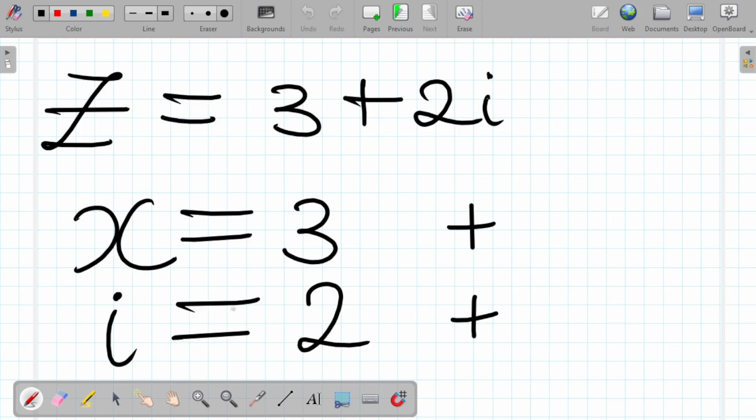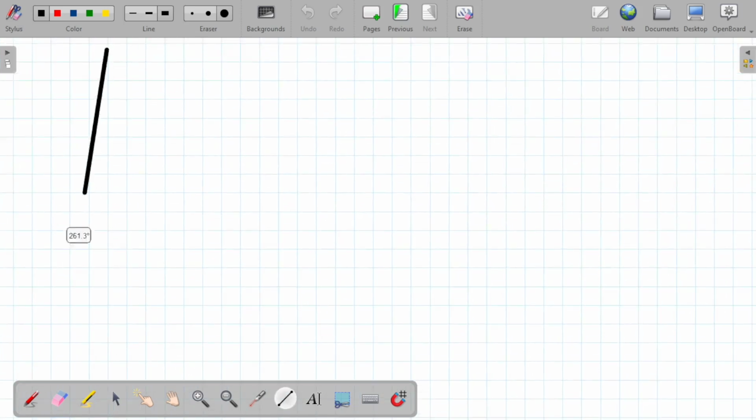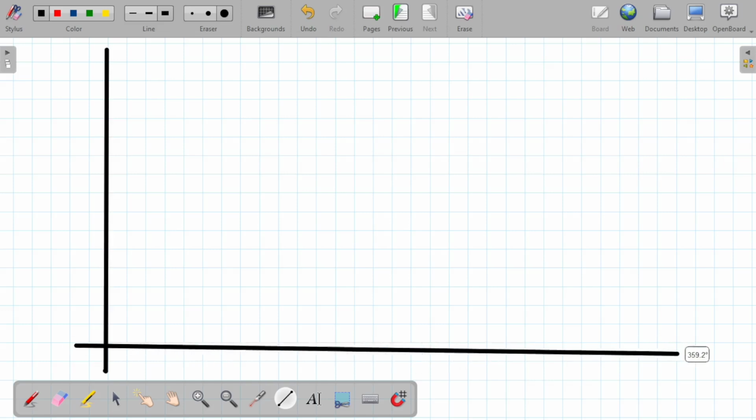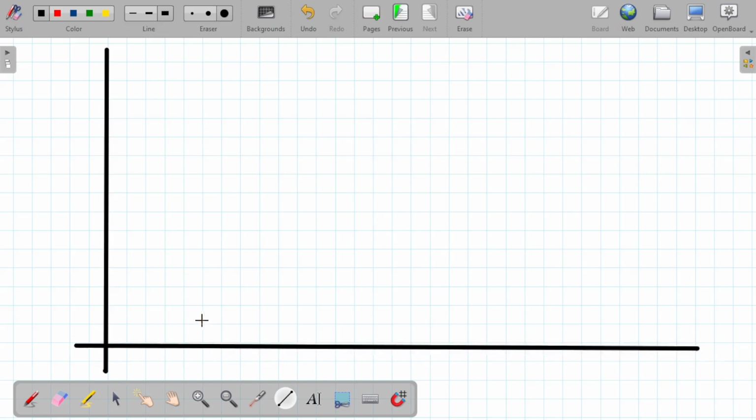So now let's draw the Argand diagram. So this is positive I, and then this is positive x.